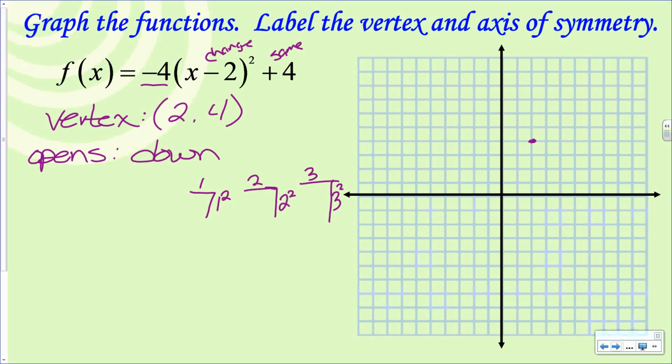To get to every point on a parabola, this is what you do, unless there's something up here, like a number. Okay? So if that 4 wasn't there, I would go over 1 and down 1. Over 2 and down 4. Over 3, down 9. 3 squared is 9.